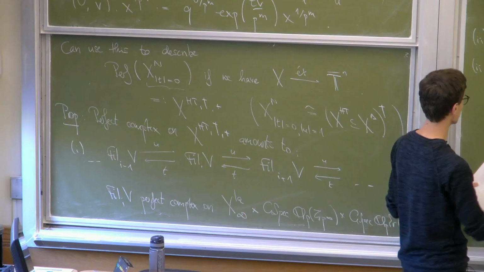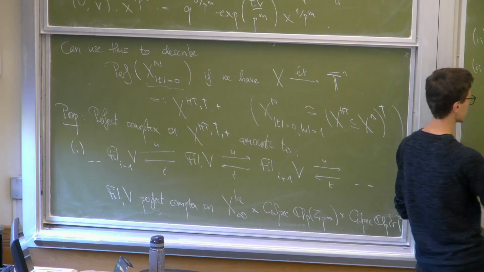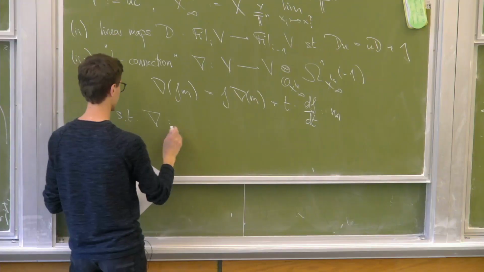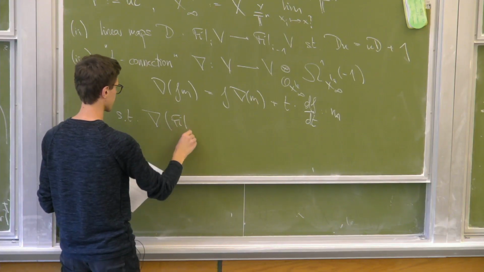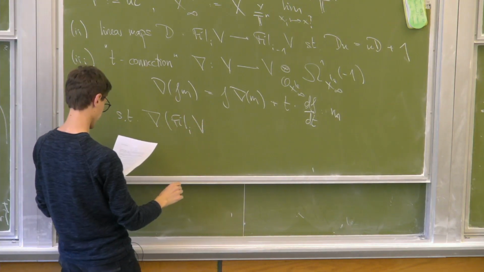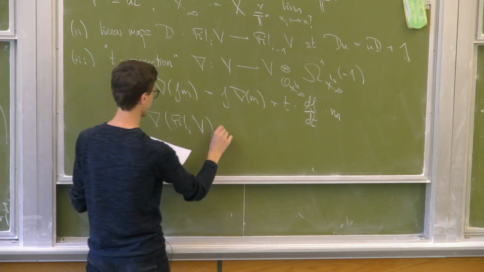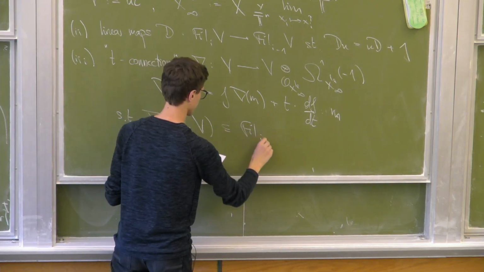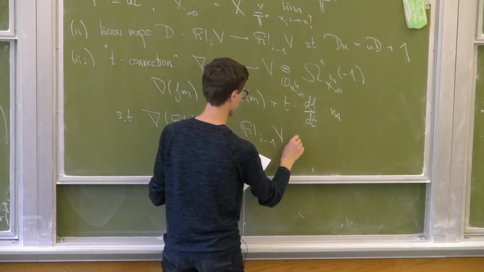And this should have the property that if I restrict to Fil^i, it factors through Fil^(i-1).